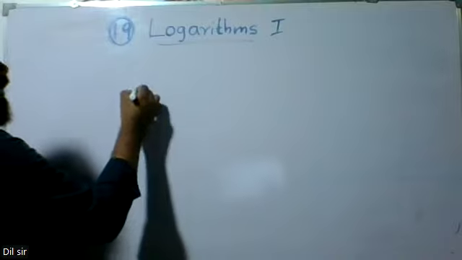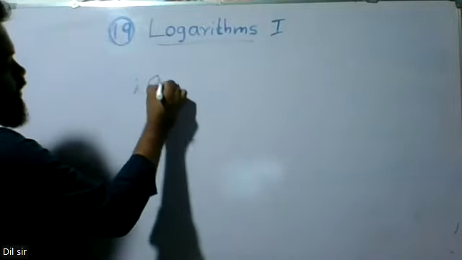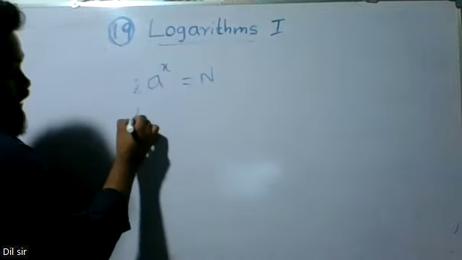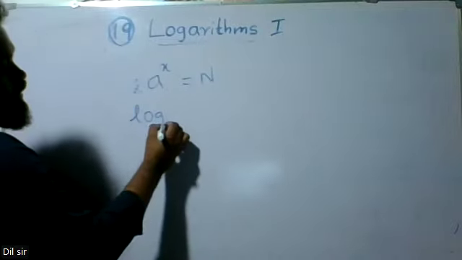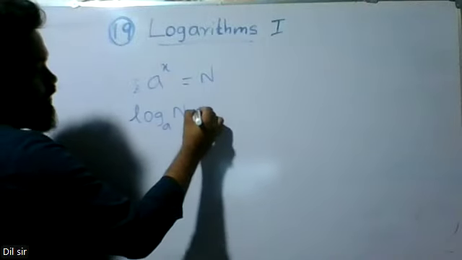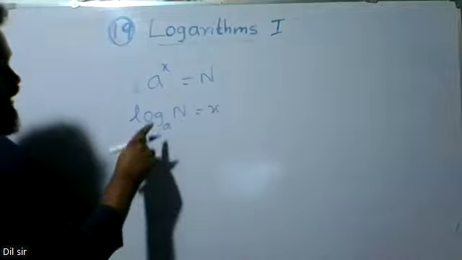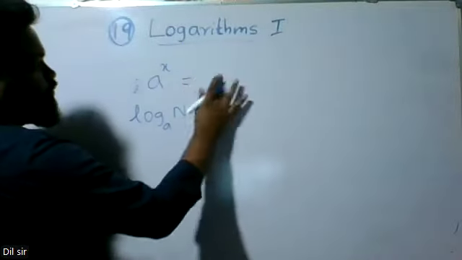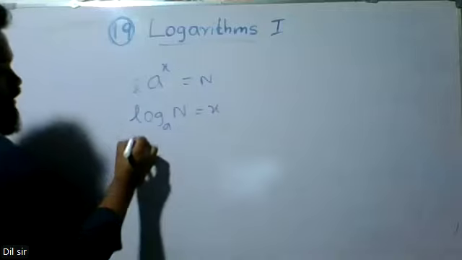Listen, son. Our general index form is a to the power x equals n. The log form is the logarithm of n to base a equals x. So remember: if a is positive, then n is definitely positive.